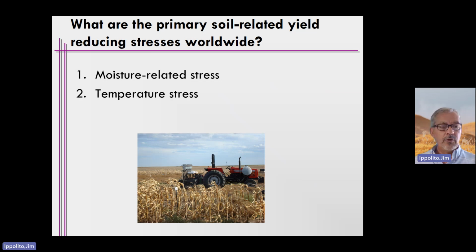It is way too hot early in the season, which is something that we often see in the Western United States, or it's too cool early in the season and the crops don't emerge quickly, like we see sometimes in the Midwest or upper Midwest. And the third related soil response for yield reducing stresses is nutrient related stresses. We simply don't have optimal nutrients present in our soils to meet the demands of a growing crop.